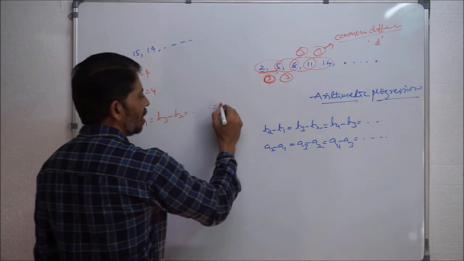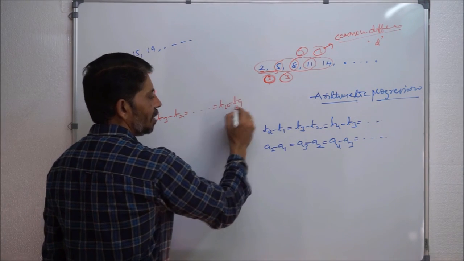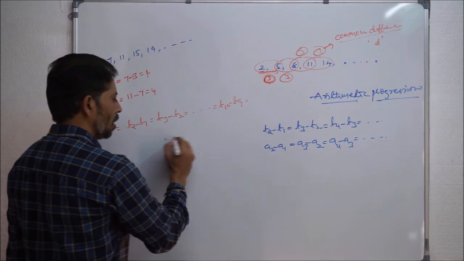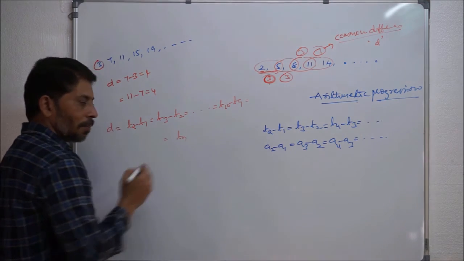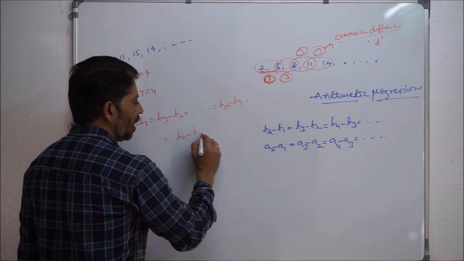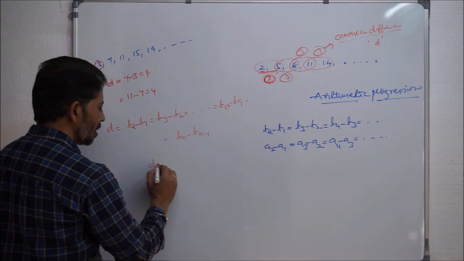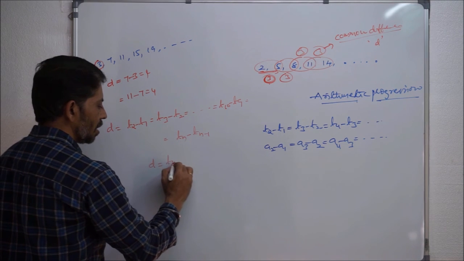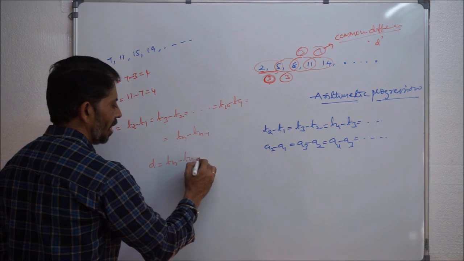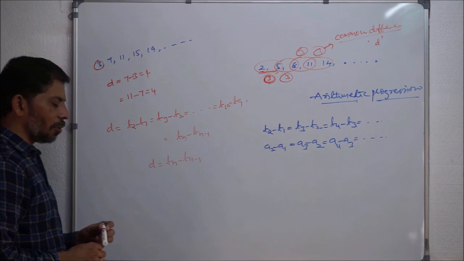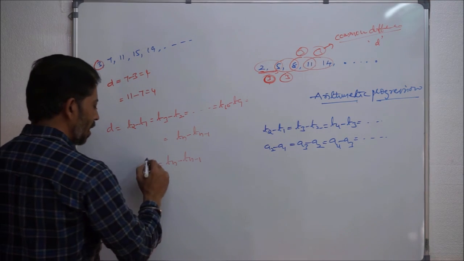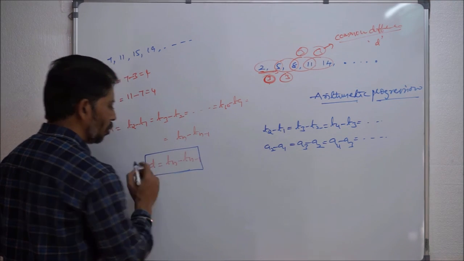Any term, that is T10 minus T9, and so on. Now nth term minus its previous term Tn minus 1. So generally, do remember this is another important one: common difference D equals Tn minus Tn minus 1. So do remember this.